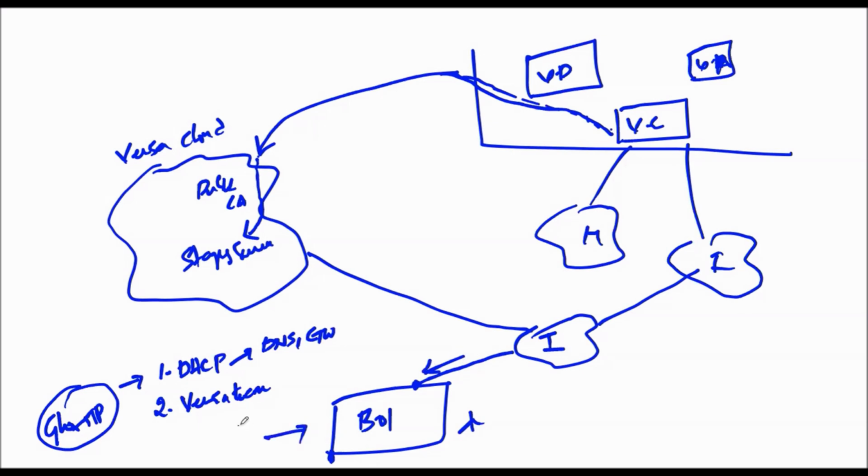On the branch, we have a phone home configuration, which is nothing but the default configuration. What does this phone home configuration do? The moment it receives the DHCP IP address, the DNS information and the gateway information, the branch will start talking to the Versa cloud.